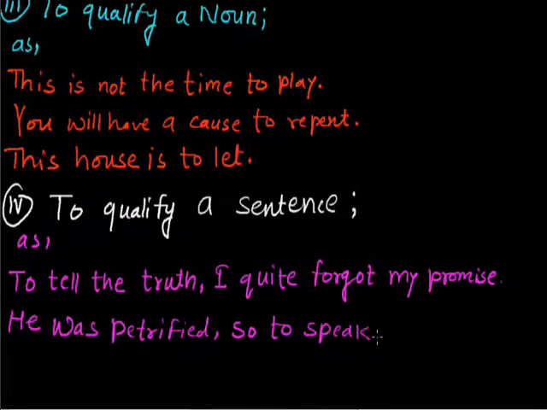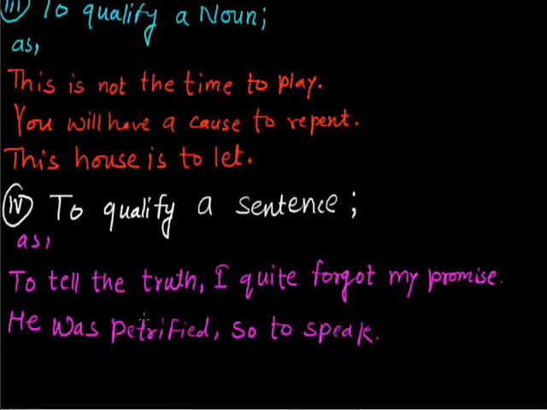So in this manner we come to know about the different uses of the infinitive. The infinitive can be used with to as well as without to. We have seen in the examples cited above that the infinitive can be mentioned with to or without to, depending upon the situation and upon certain verbs.